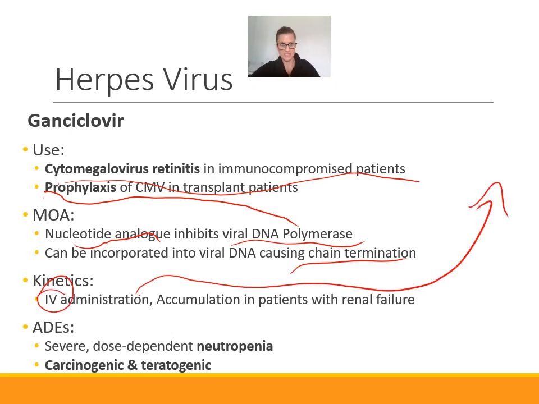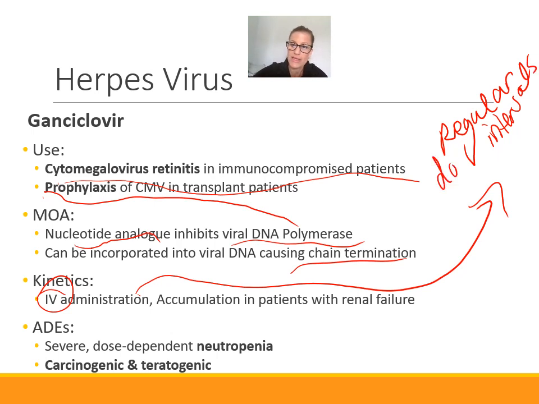And again, the Sujathavir can be given once a week, but the Ganciclovir is given at regular dosing intervals. So you need to think about how you're going to maintain IV access. This might not be an issue, or it might be an issue.